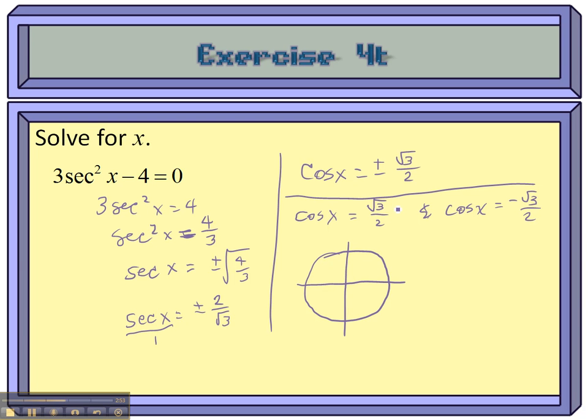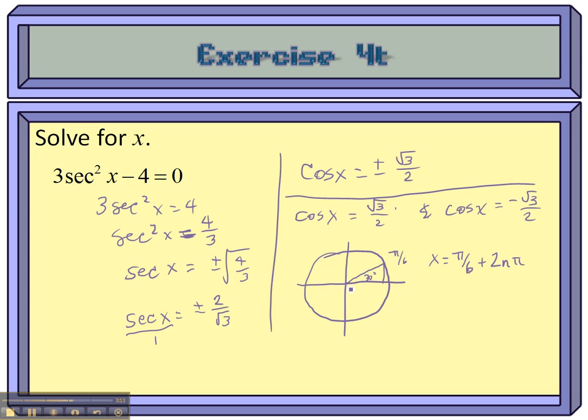On this first set here, cosine's x coordinate, we want square root 3 over 2, which is 30 degrees, or pi over 6. So if I use the radians, take all the coterminal angles, I get pi over 6 plus 2 n pi.